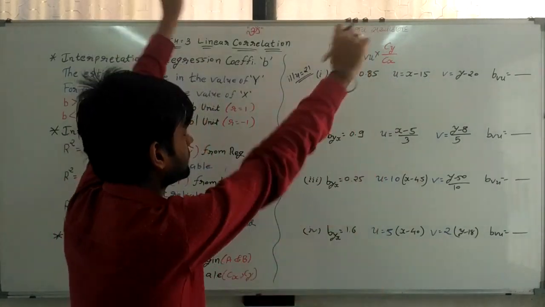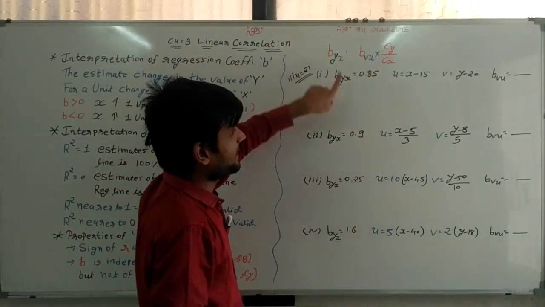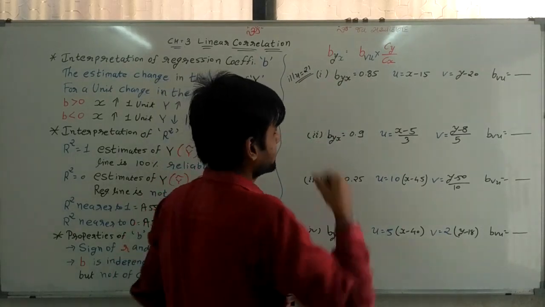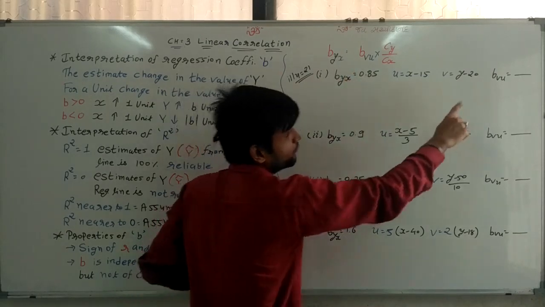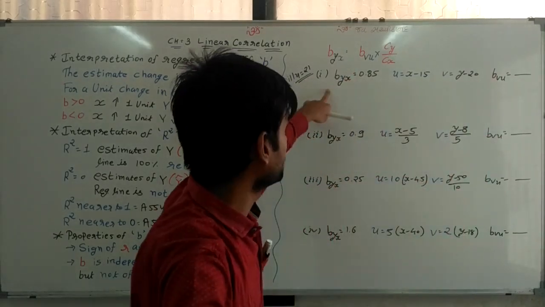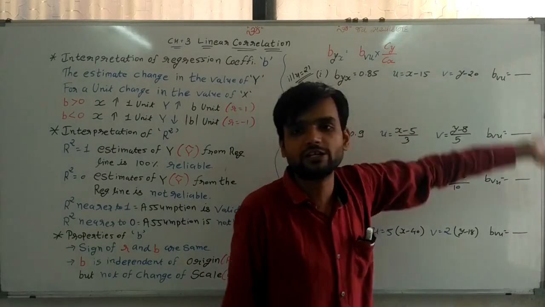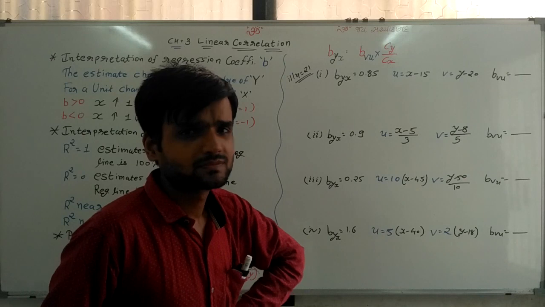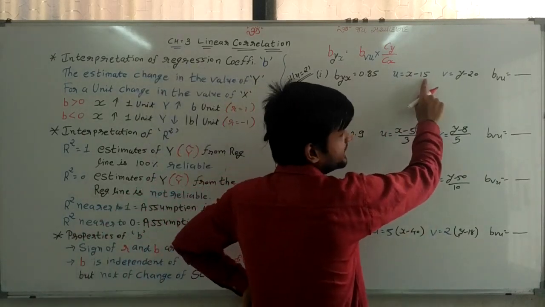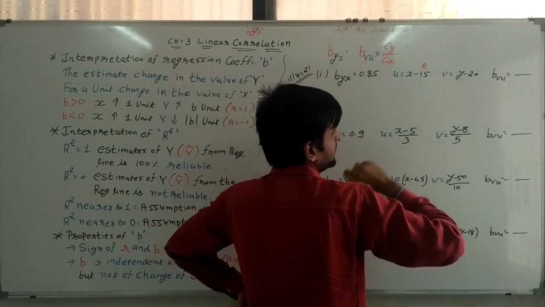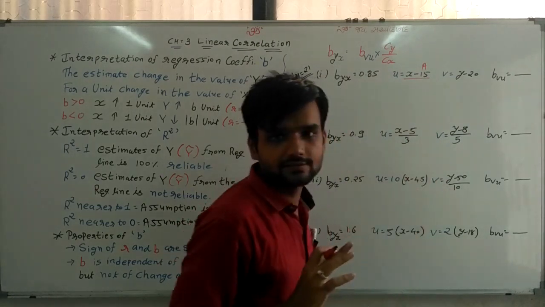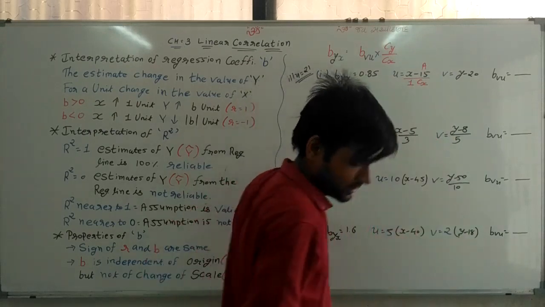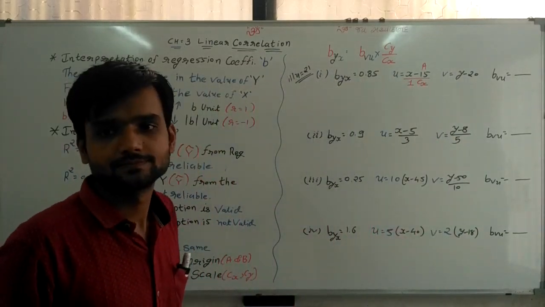Now see, byx is equal to 0.85, given. Next, we need to find bvu. byx is given, u and v are given, and bvu we need to find. Now think, sir, what is given here? From x, whatever is deducted is called a. Here in division nothing is there, so 1 is the value of cx.